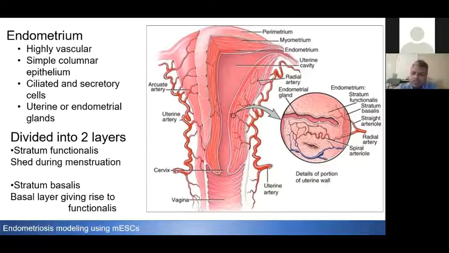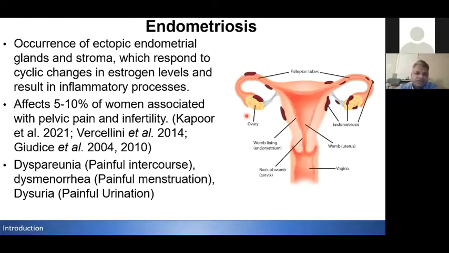So what happens in this endometriosis disease? This is a uterine structure here, and these spots here are endometrium, which grows outside its normal location.